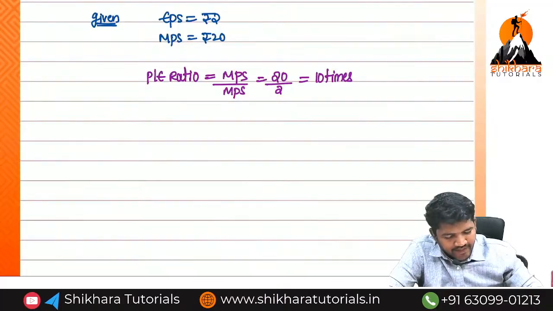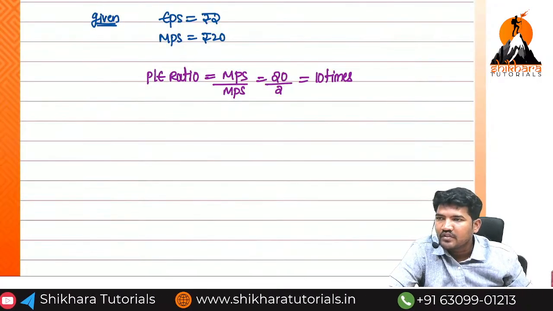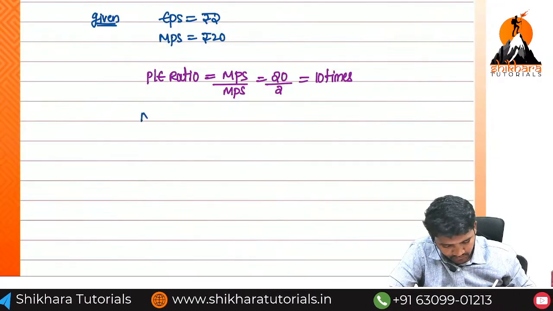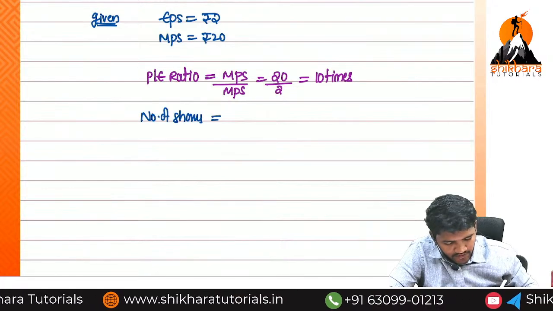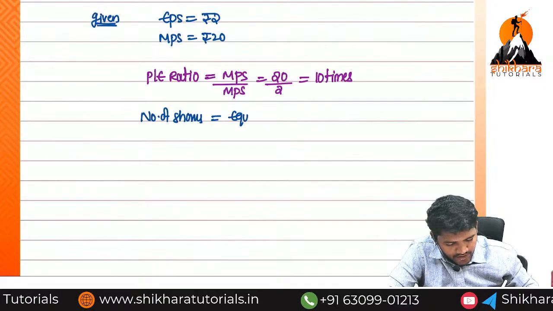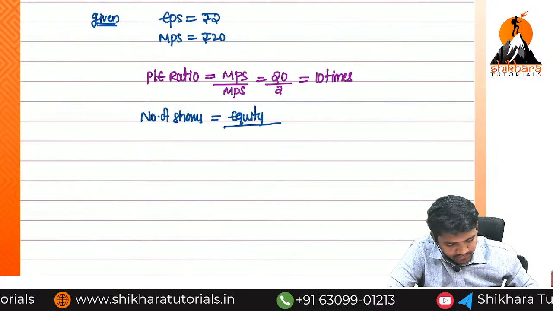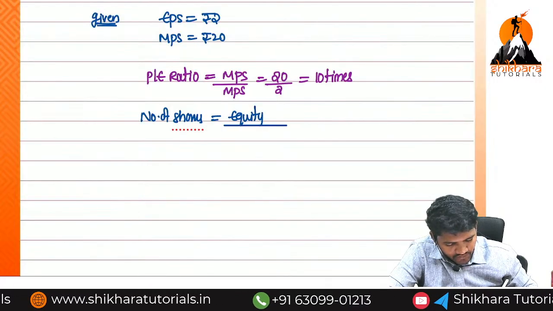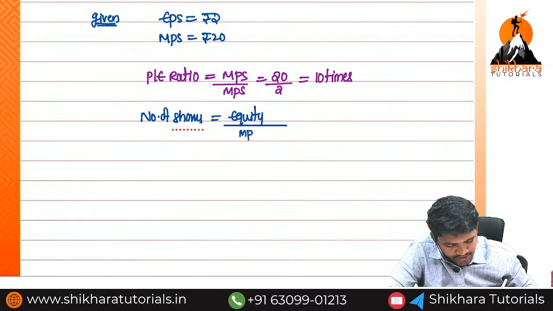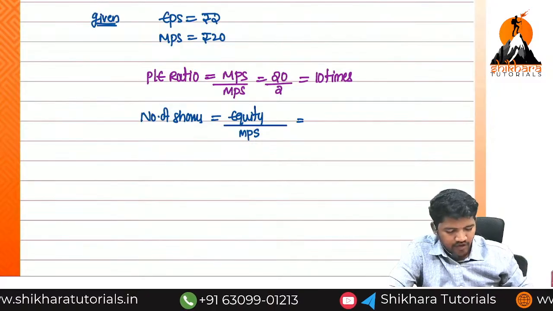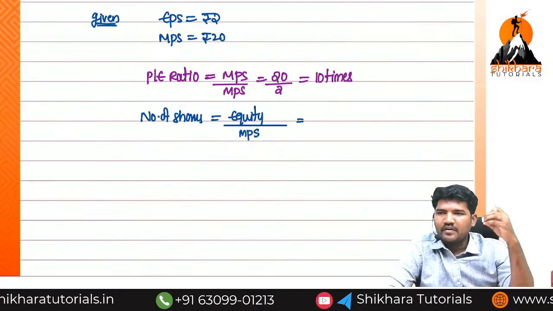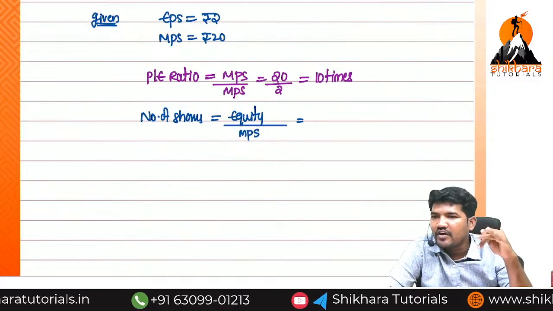Can I find out the number of shares? Number of shares equals equity divided by market value per share. Don't confuse, it's not a formula; based on given information, I recorded the formula.